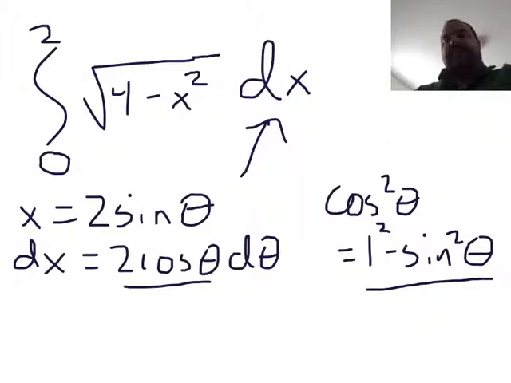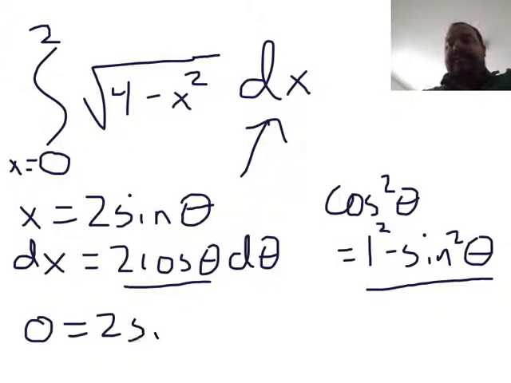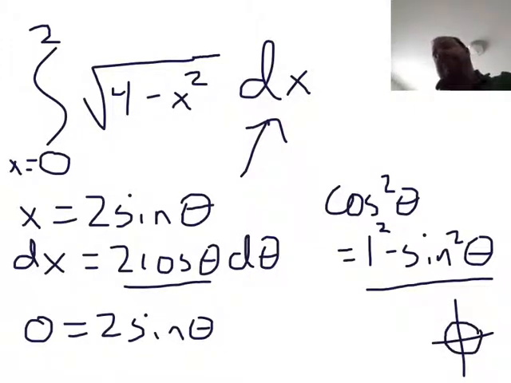So let's go ahead and change our limits. When x is 0, which is the bottom limit here, then we would have 0 equals 2 sine theta, or 0 equals sine theta. And you have to think about when that happens on the unit circle. So let's put the unit circle over here. Remember, sine is the y value of the unit circle. And you have a y value of 0 right when theta equals 0.